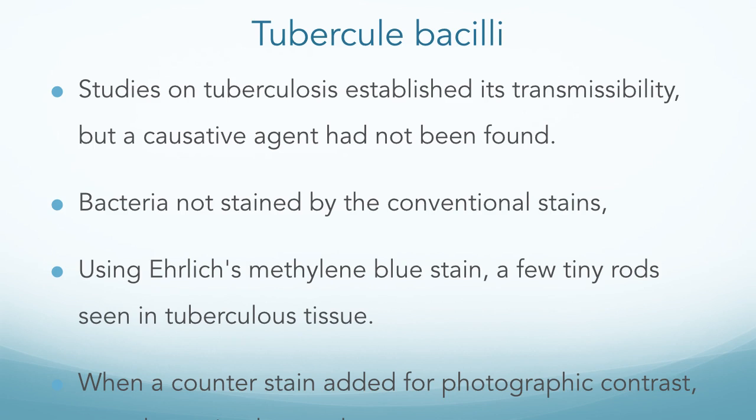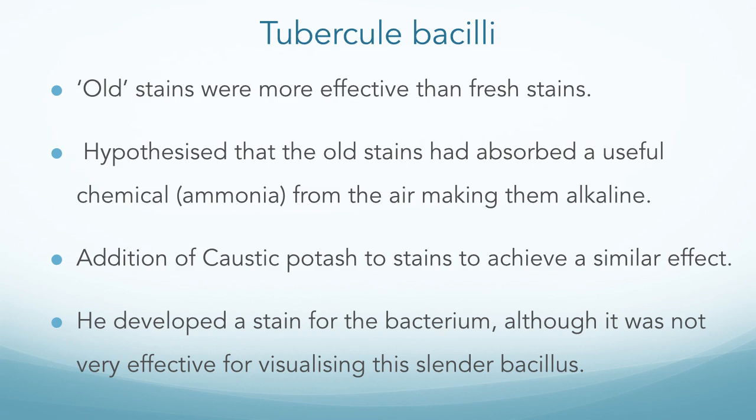He then noticed that the old stains were more effective than the fresh stains, and he hypothesized that the old stains had absorbed a useful chemical, mainly ammonia, from the air, which made the methylene blue stain alkaline. So, he observed that alkaline stains are more effective than freshly prepared stains.